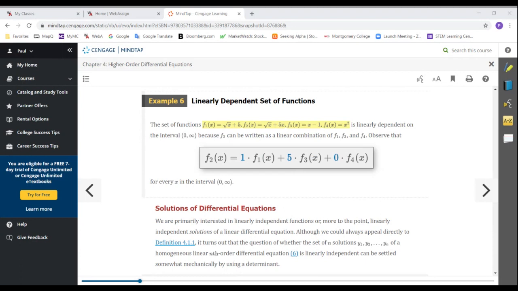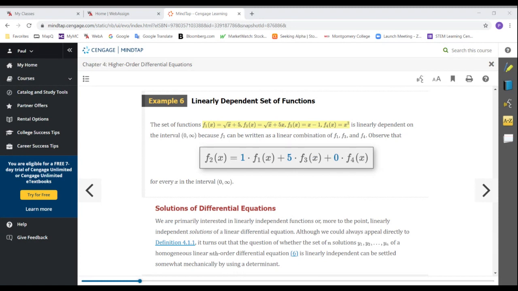Those functions are linearly dependent in example 6. Of course, you have to think about it a little bit.